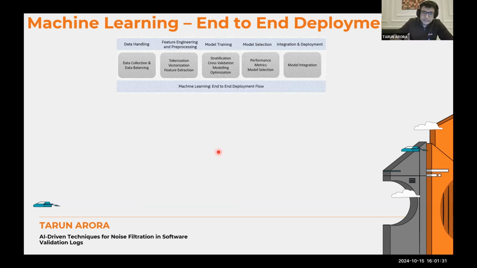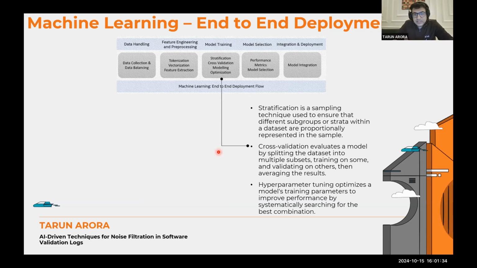So, of course, the other thing which is very important is stratification, right? When we say stratification, it means we make sure that we are using the data as per its distribution. In this context, your logs have a huge amount of information, but that information is highly skewed in terms of noise versus real errors.